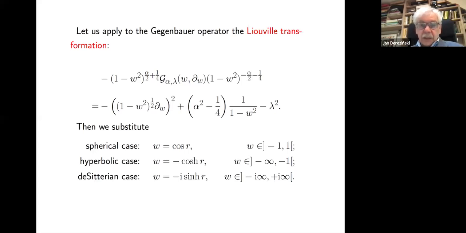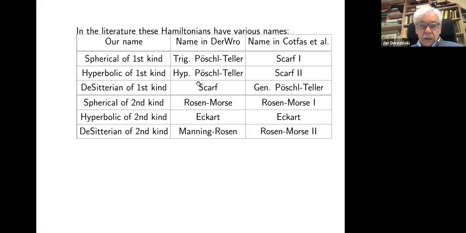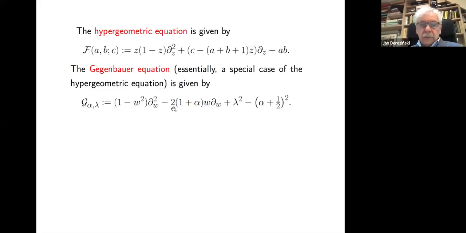So how to produce a Schrödinger operator from a second-order differential equation, or one can say from a Sturm-Liouville operator. In fact, both the Gegenbauer operator and the hypergeometric operator are examples of what's called a Sturm-Liouville operator.